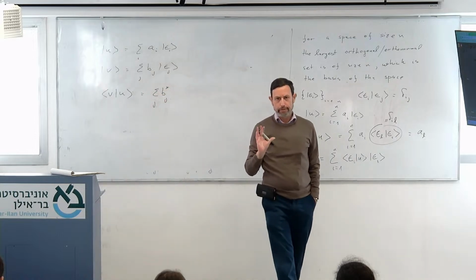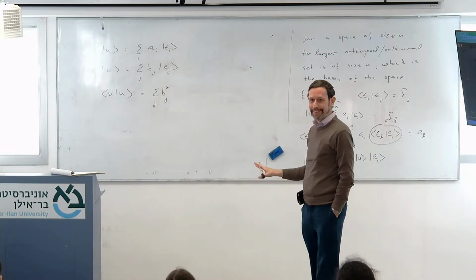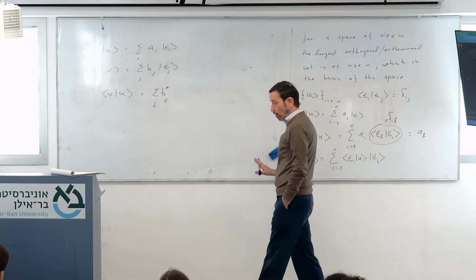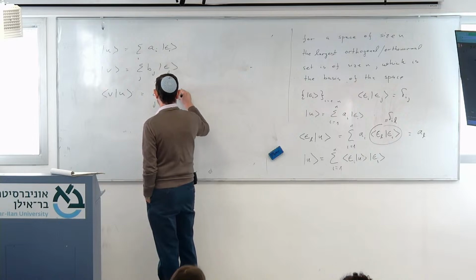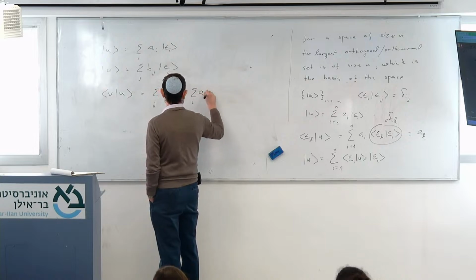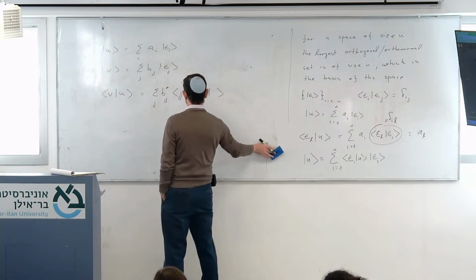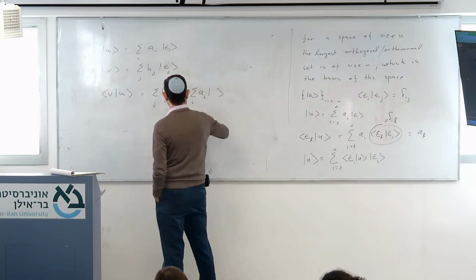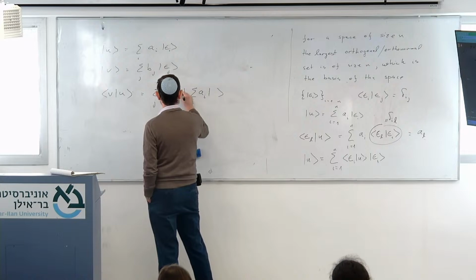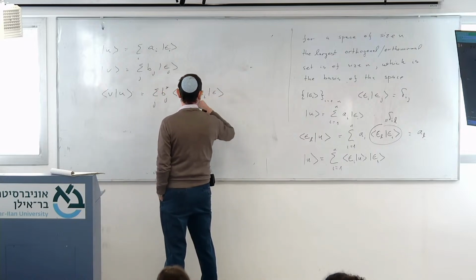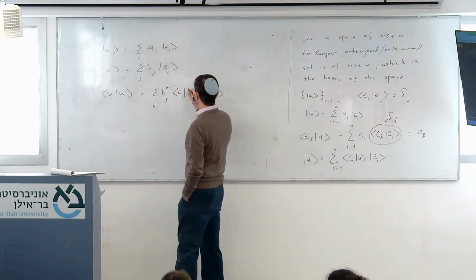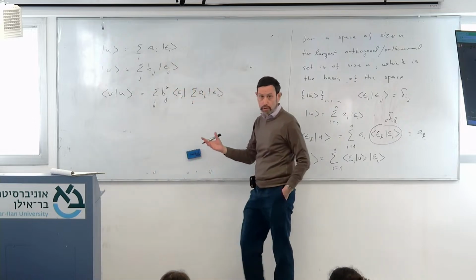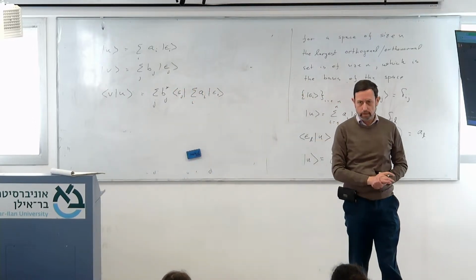Complex conjugate, never forget it. Forget it, and the result comes out wrong. Epsilon I is just some basis, nothing special about it, some general basis.